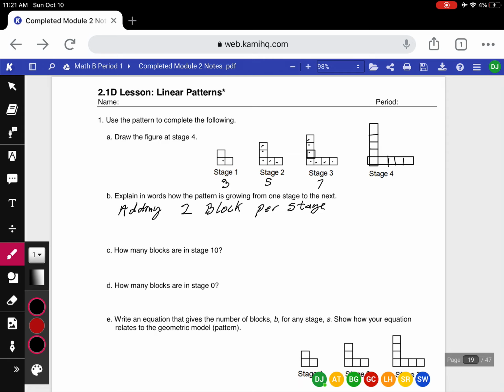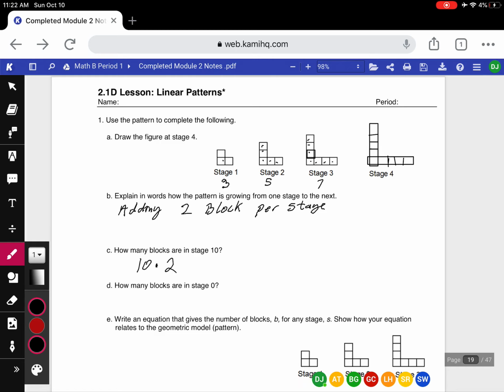Well, let's look at this. I have 3 blocks on stage 1, 5 blocks on stage 2, and on stage 3, I have 7 blocks. It looks like I'm just continually adding 2 every time. So on stage 10, I know I would have added 2 blocks each time.